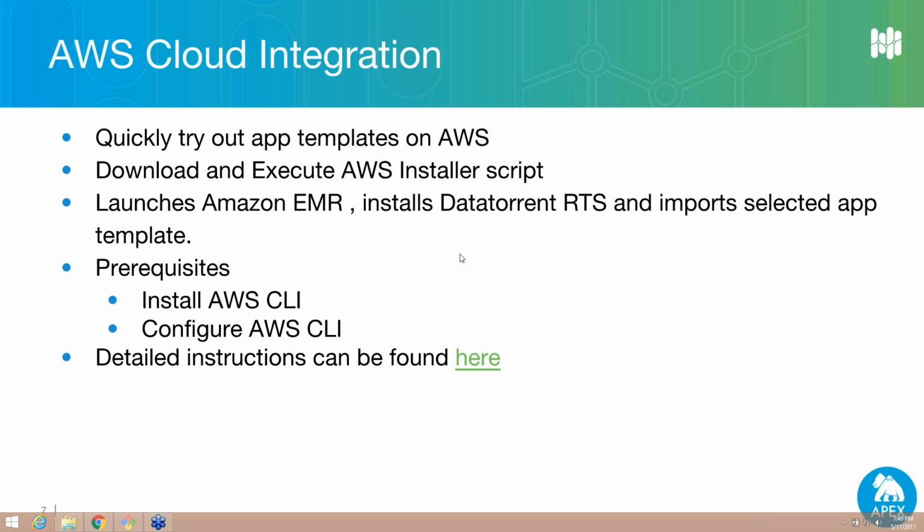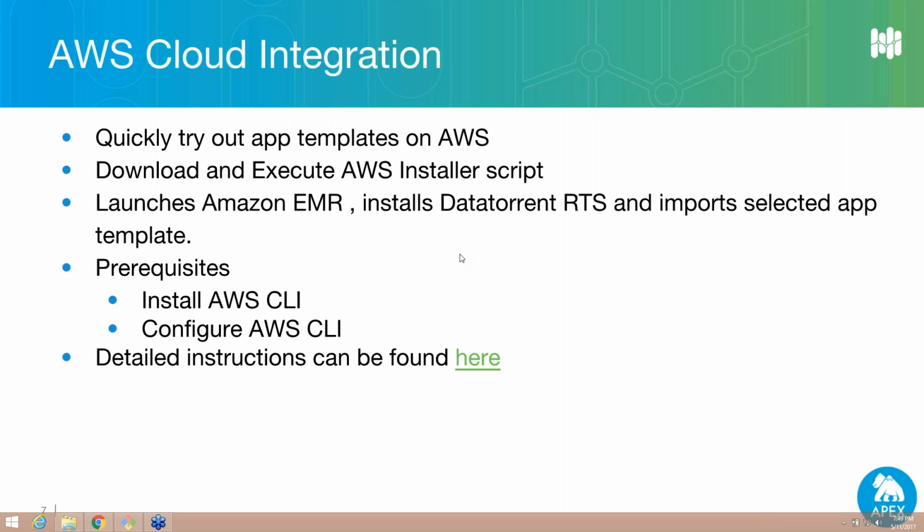Behind the scenes, it will launch an Amazon EMR cluster, install Datatorrent RTS onto it, and then import that app into Datatorrent. So it basically takes off the load of deploying your own cluster. It's a very easy way to quickly try out the applications.